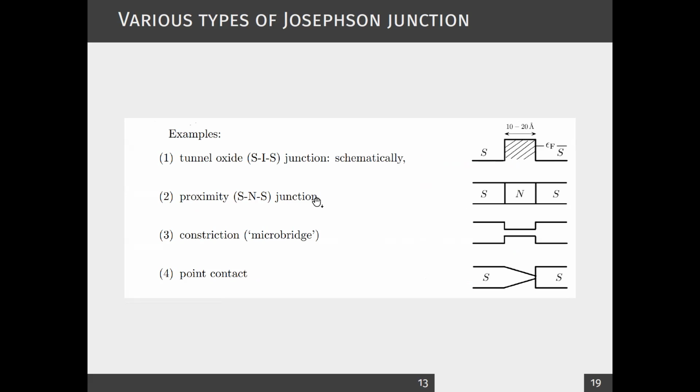Then you can have a proximity Josephson junction: superconductor, normal matter, superconductor. There is the constriction or microbridge, and there is a point contact Josephson junction. So this is just to let you know about different possible features coming from those 4 types of Josephson junction.